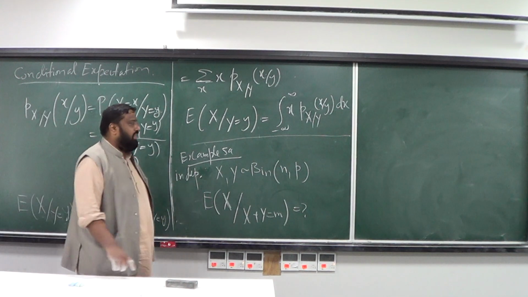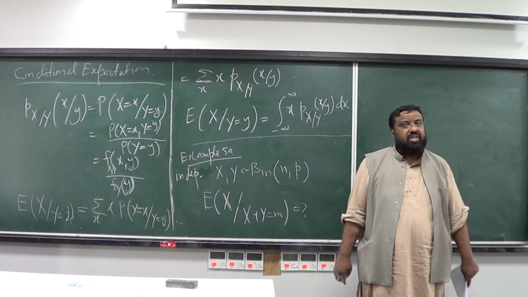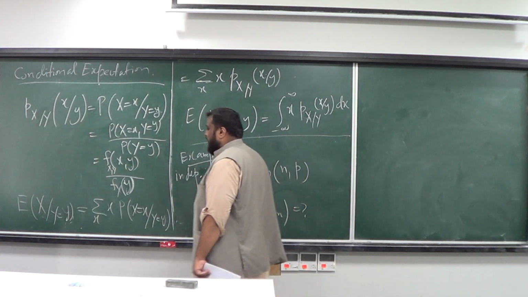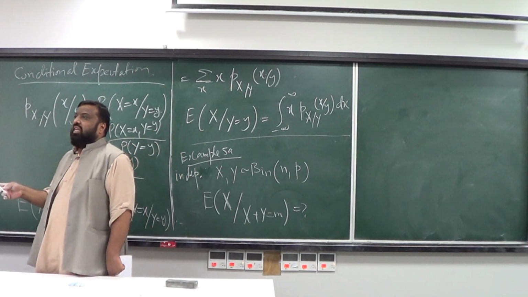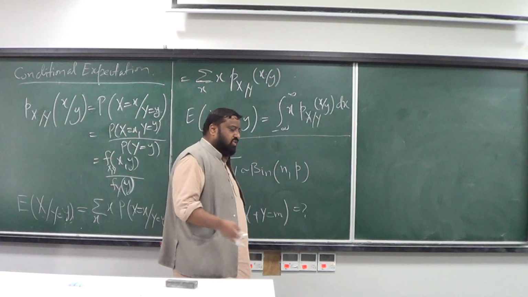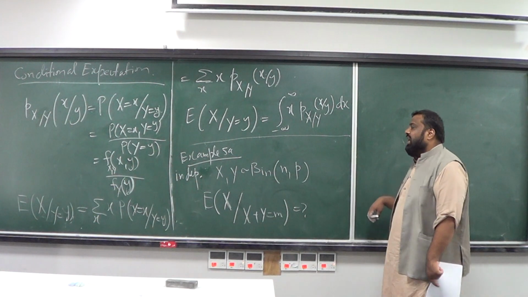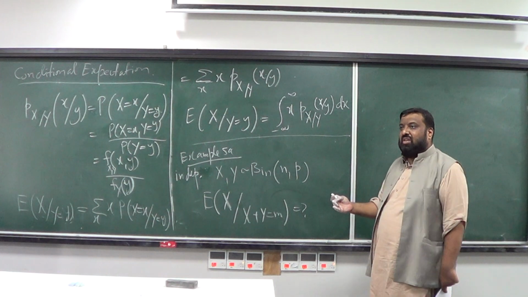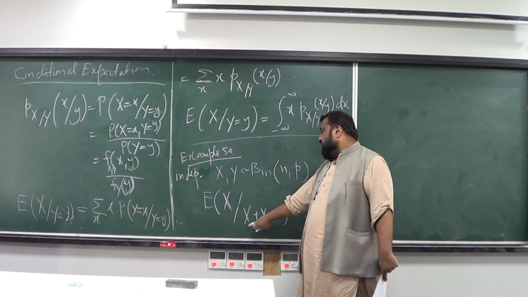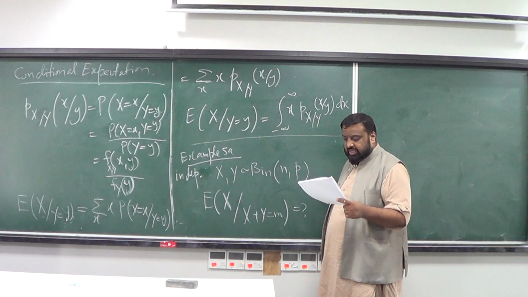For example, X is representing the number of heads in n throws, where the probability of a head is p, like 1/2 for example, and Y represents the number of tails. So you want to know the expected number of heads given that the total number of tails and heads is equal to m.